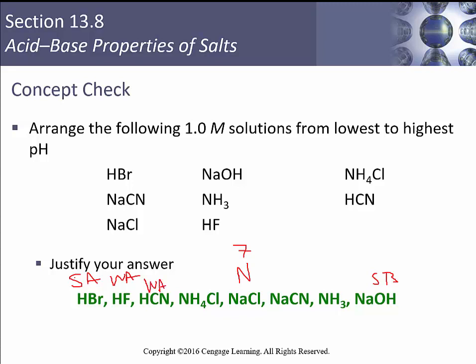And here we have a salt where this part here is a weak acid, and then this conjugate over here is neutral. For sodium cyanide, this is neutral. And I've got the conjugate weak base. Ammonia is a weak base. And then, like I said, finally, the sodium hydroxide is a strong base.